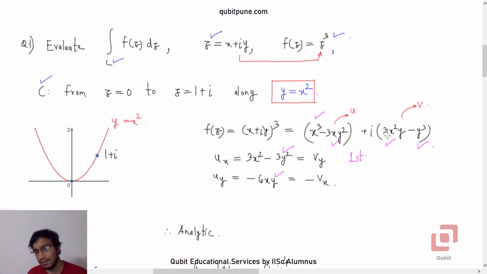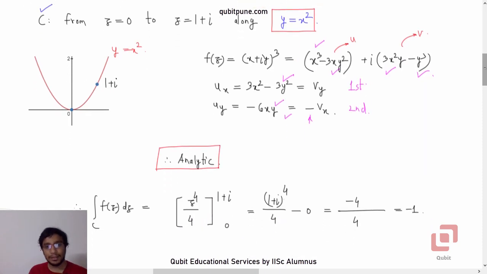The derivative is 6xy, and if you change its sign, it is going to be minus 6xy. So the second Cauchy-Riemann equation is also satisfied, and these equations will be satisfied anywhere on the complex plane, hence on the curve C. So we have obtained the required result for the application of the theorem.